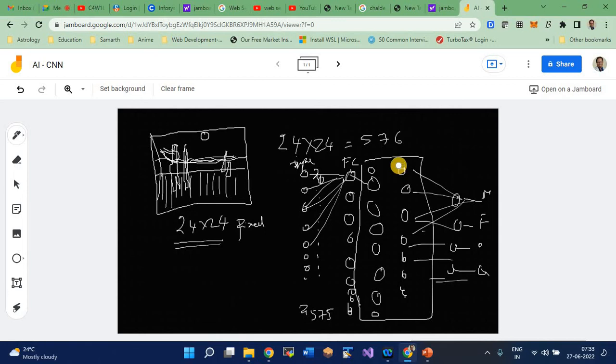Now think about it, just with 24 by 24 pixels, with so many inputs and so many biases, so much information goes through that. And moreover, when there is an input, there is always the bias also, right? Some kind of weight which gives a boost to whether to use that input or not. The bias is also important.